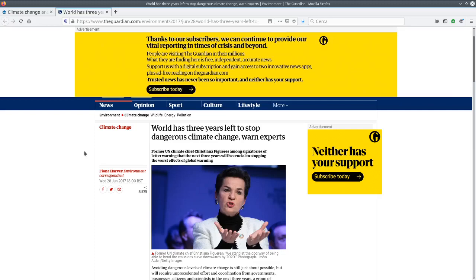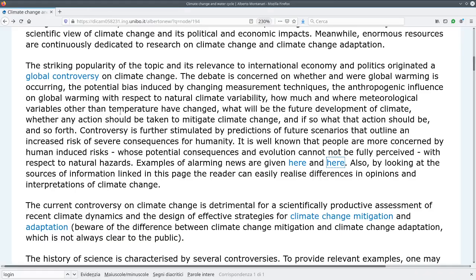On the other hand, there are other scientists who say, look, if you claim the story of the wolf, if you say wolf, wolf, wolf many times, then of course you get the opposite result, that people don't care about your alarms. So it's indeed a difficult discussion, and I would say it's also very interesting.